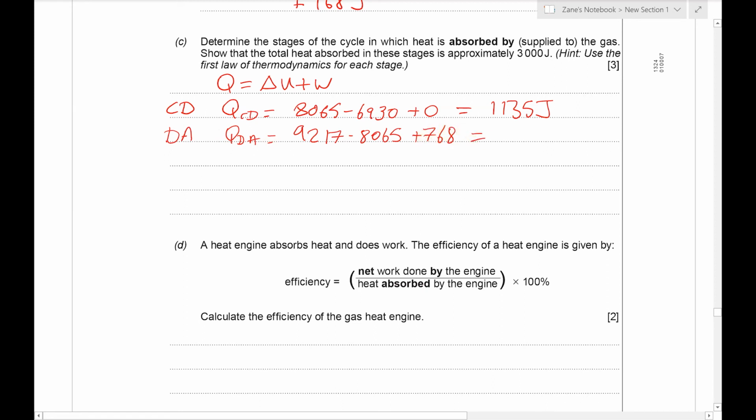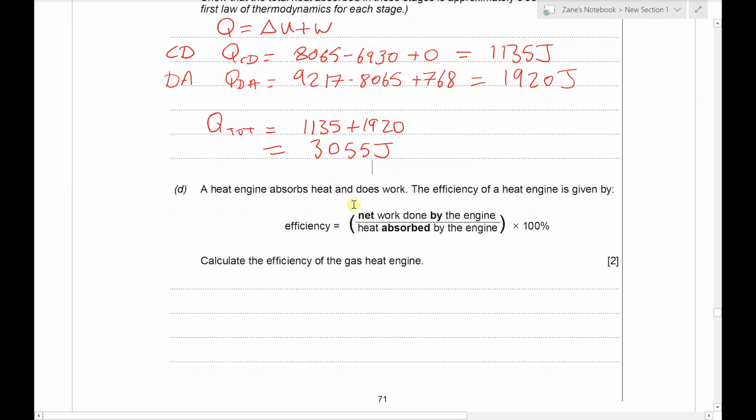And again, let's do that on a calculator to make sure we get that right. That gives us 1920 joules. So the total Q is just the 1135 plus the 1920, giving us 3055 joules, which is near enough the 3000 joules that we're asked to show.